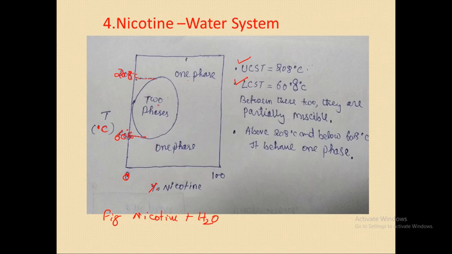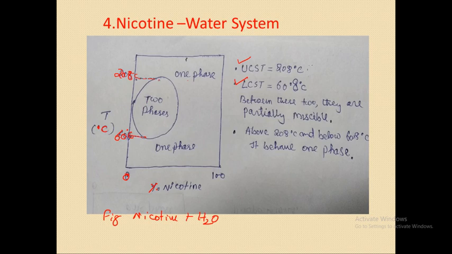So in nicotine and water, both types of critical solution temperature are seen. The upper consolute temperature is 208, and the lower critical solution temperature, the consolute temperature, is 60 degrees Celsius here.